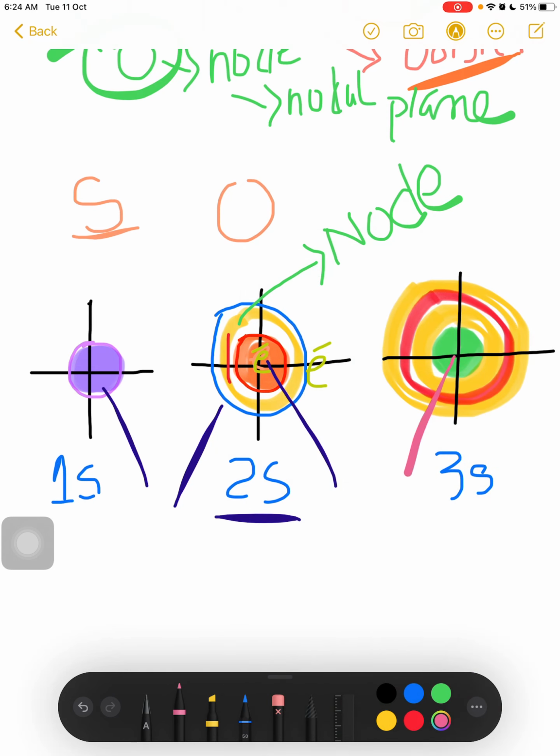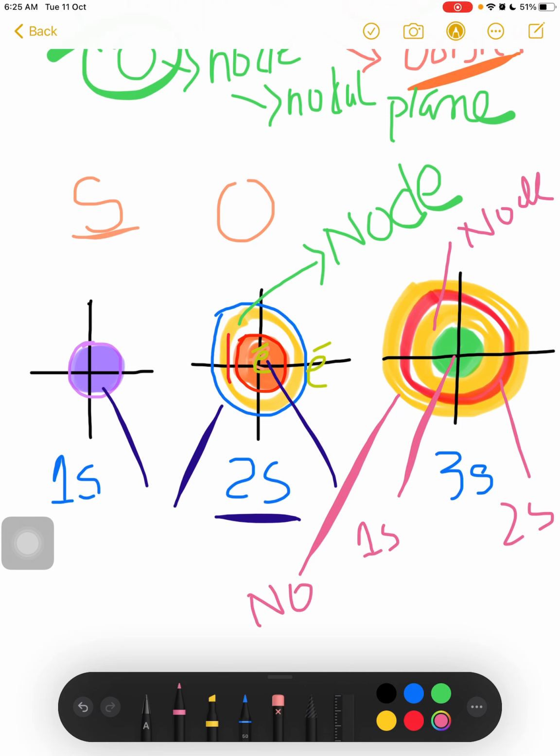Here you can see this is 1s, so here the probability density is greater, but here is a node, right? This is 2s, and this is again a node, and I forgot to draw shell number 3. Okay, wait a minute.